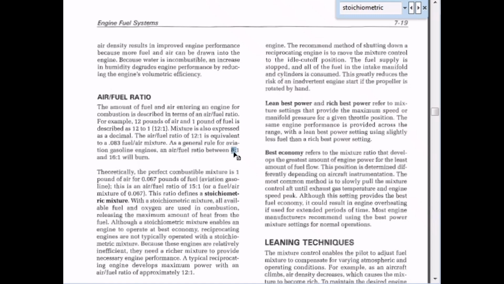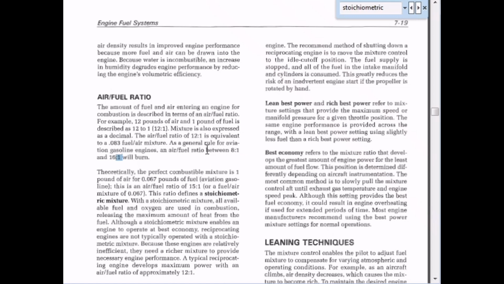Di 8 pound of air ni maksudnya 21% of oxygen sajalah. 8 pound of air to the 1 pound of fuel, avgas, until 16 pounds of air to 1 pound of avgas. Jadi itu combustible range.